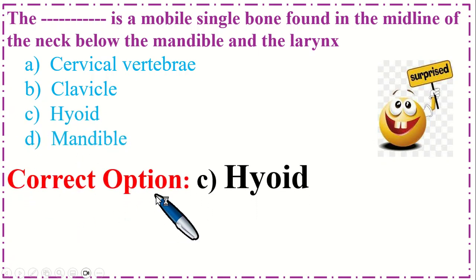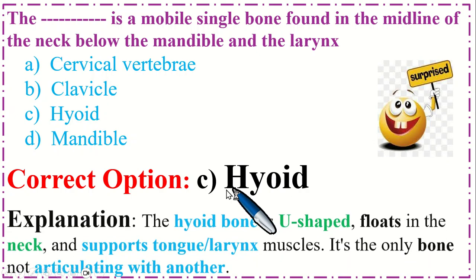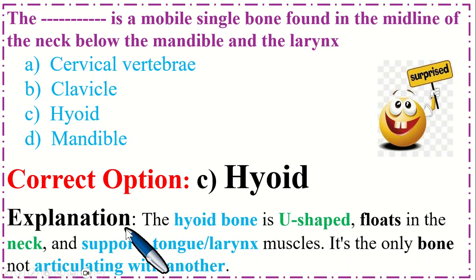So the correct option is C hyoid. Explanation is the hyoid bone is U-shaped, floats in the neck and supports tongue, pharynx, larynx muscles. It's the only bone not articulating with another.